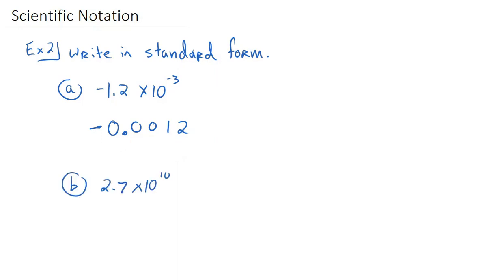Alright, now let's do 2.7 times 10 to the 10. If you want, you can pause the video and try this one on your own and then see if you agree with the answer that I'm going to give in about a second. So it looks like we're getting 27 billion, or 27 with 9 zeros after it.